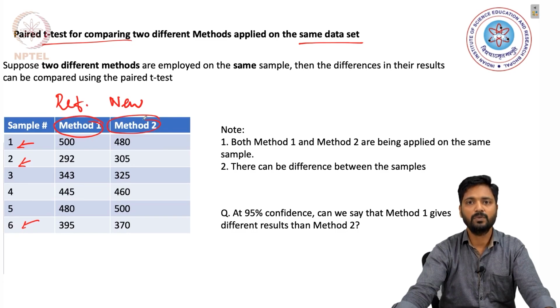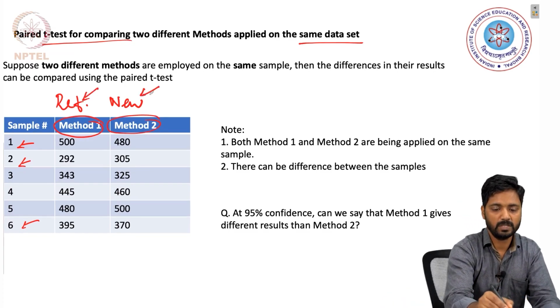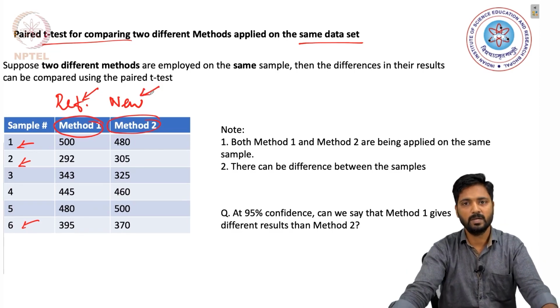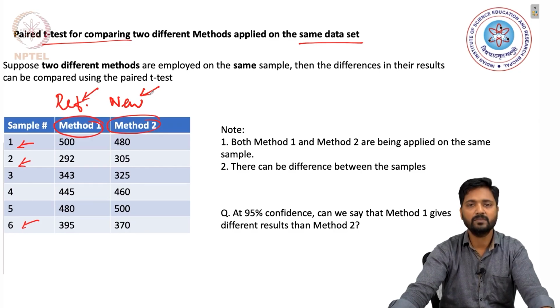So the question that we want to answer here is whether the 2 methods, which are now for us the reference and the new method, give us the same or similar results, or there are differences between the old method and the new method. So let us take this example which is shown on the slide, where we have these six samples and we have applied method 1 and method 2 on them and generated the analyte concentration whose numbers are given in the table.